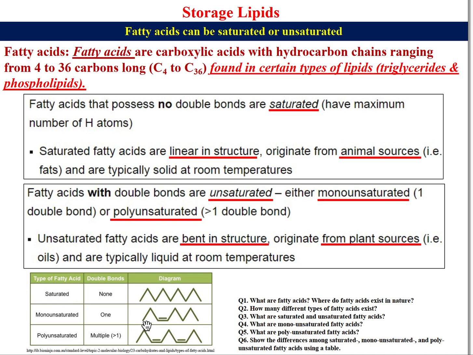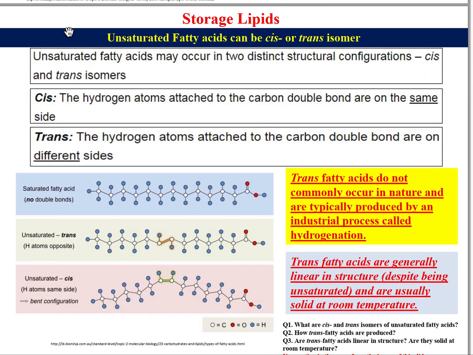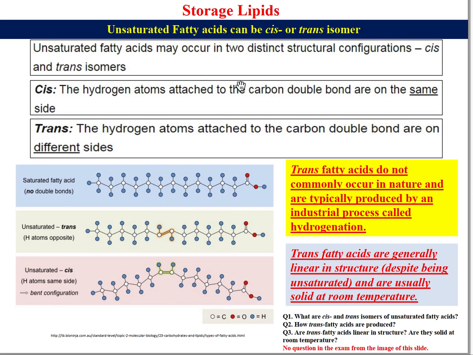So here is the schematic diagram of the structures of different types of fatty acids. Unsaturated fatty acids may occur in two distinct structural configurations called cis and trans. Cis is defined as when the hydrogen atoms attached to the carbon double bond are on the same side.